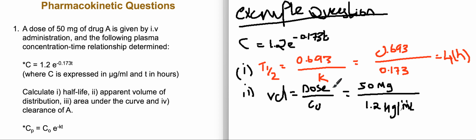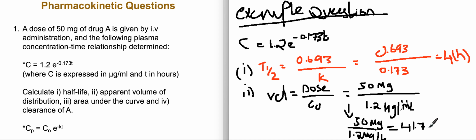So this can be written as 50 divided by 1.2 milligrams per liter, which gives 41.6666 recurring, so you write 41.7 liters. Makes sense? Because the mg and the mg cancel out, so you're just left with the liters.